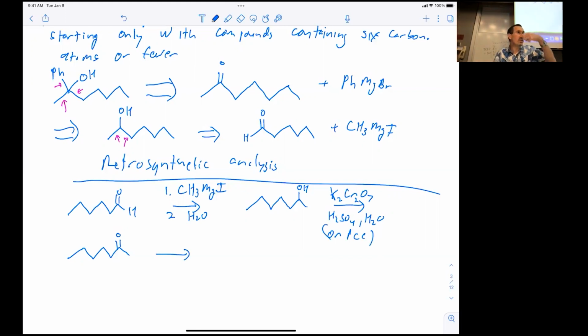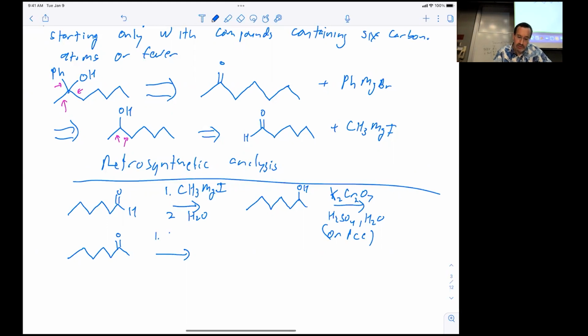PCC is cool because if you're oxidizing a primary alcohol like ethanol, you can stop at the aldehyde stage because to oxidize to the acid takes water. Whereas if I start with an alcohol like ethanol and oxidize it with chromic acid, with potassium dichromate in sulfuric acid and water, it's going to oxidize all the way to acetic acid.